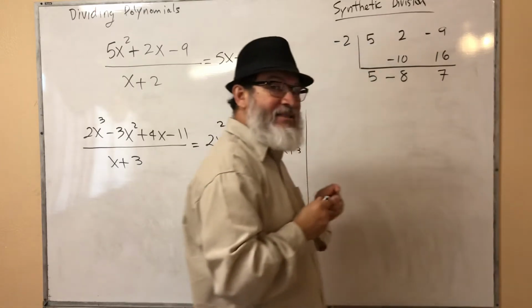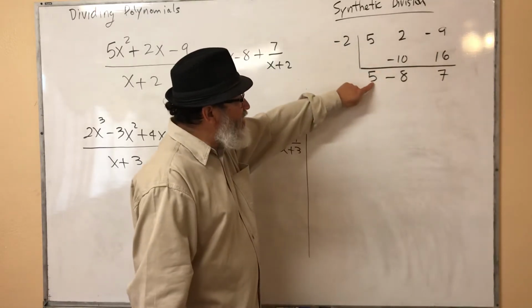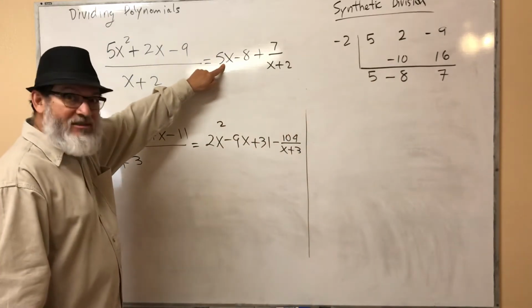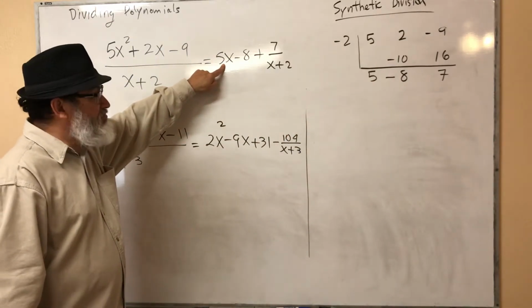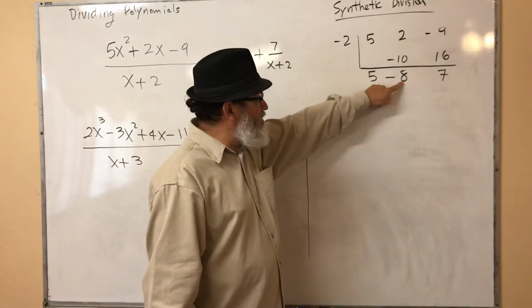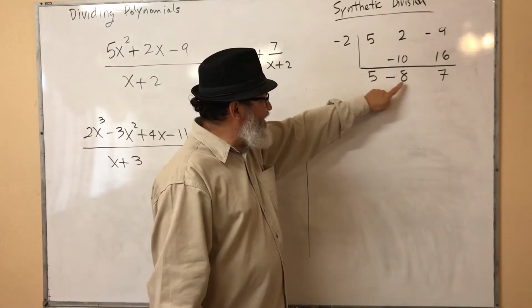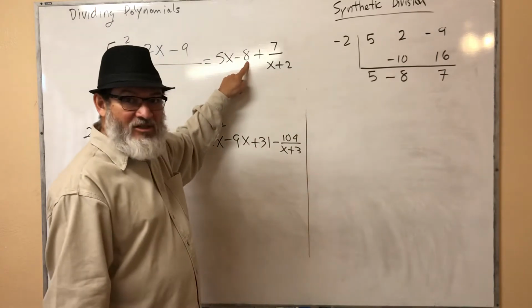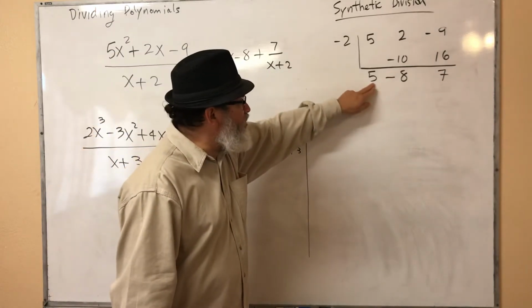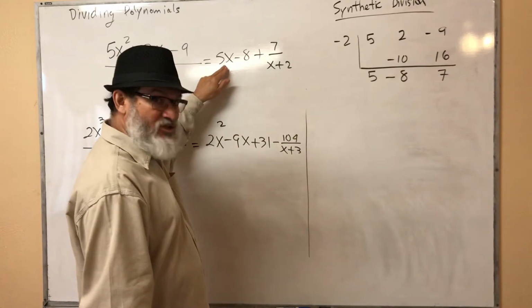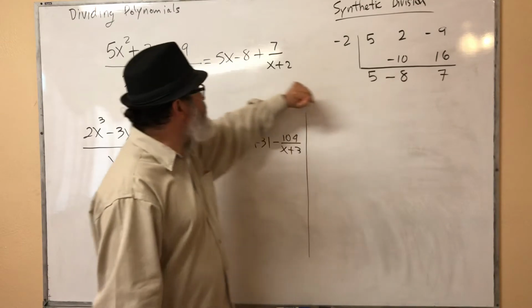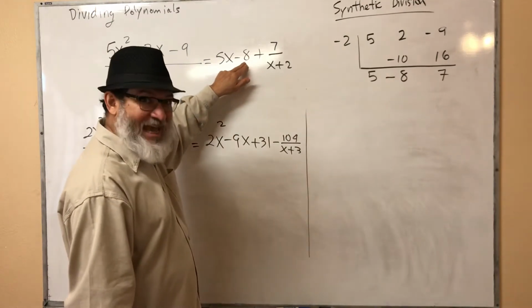Note, guys, you see this 5? This 5 corresponds to this 5x. You see this negative 8? This negative 8 corresponds to this constant term. So this 5 corresponds to the linear answer, yes, right here, this 5x. This negative 8 corresponds to this constant answer.